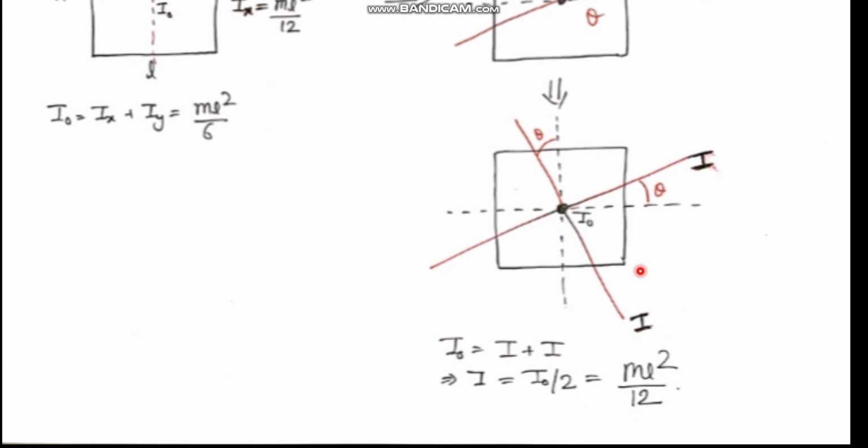By symmetry of this plate, we can easily say that the moment of inertia about this will be the same as the moment of inertia about this, and these two are going to be perpendicular to each other. So if these two are perpendicular to each other, then Ix plus Iy can be written as Iz. That means I can write I naught, which is the moment of inertia about the axis perpendicular to the plane, as I plus I. Therefore I is I naught by 2. I naught we have already calculated as ml square by 6, so the answer is ml square by 12.